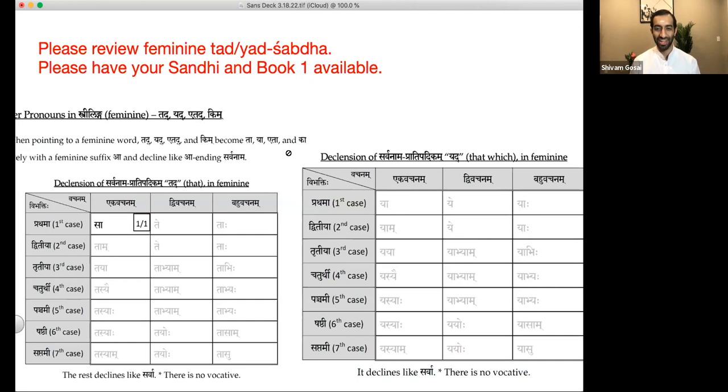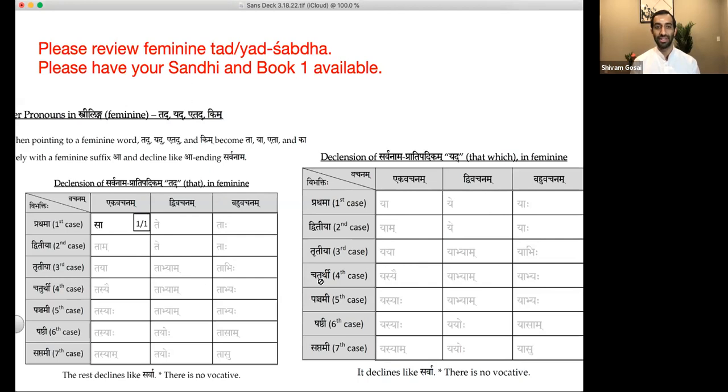We can go to Yad Shabda. Think of our Sarva. It's very similar to Sarva, right? Both are very similar to Sarva. So we have Yad Shabda: Ya, Ye, Yaha.